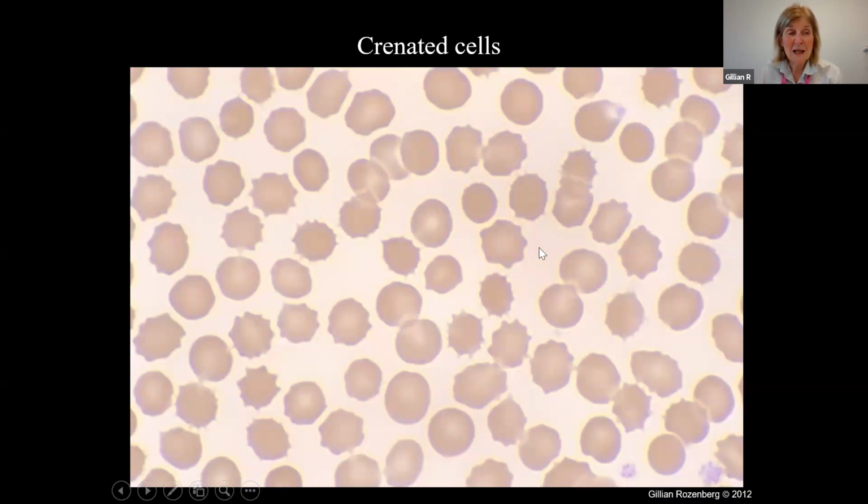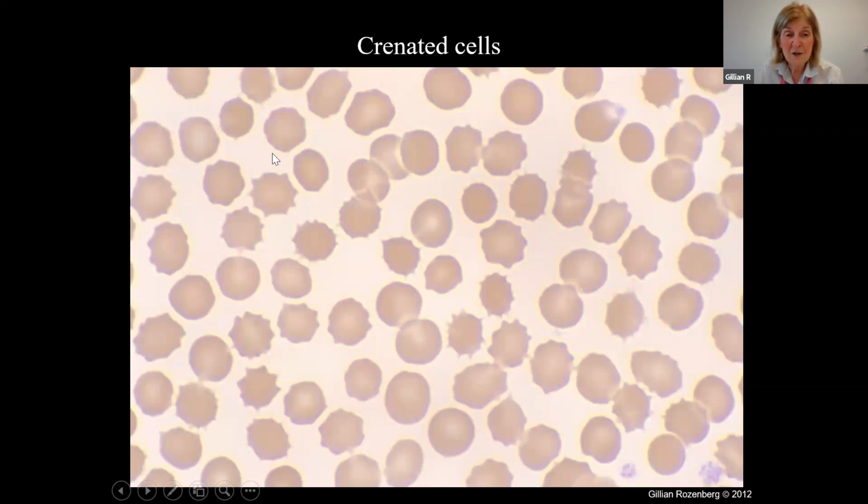So I left this blood out of the fridge at night, and the next day, around 9 o'clock in the morning, it was left on the bench in the hematology laboratory. I made another blood film. And so this is old blood, which is showing you what you get when you've got old blood and crenated red cells. They have an even frill around them.